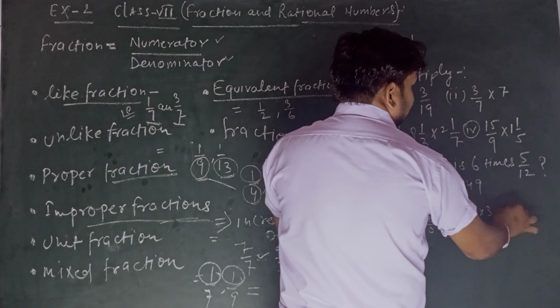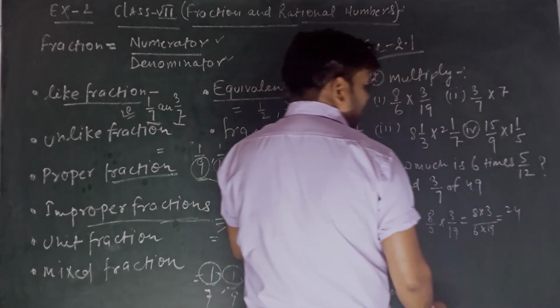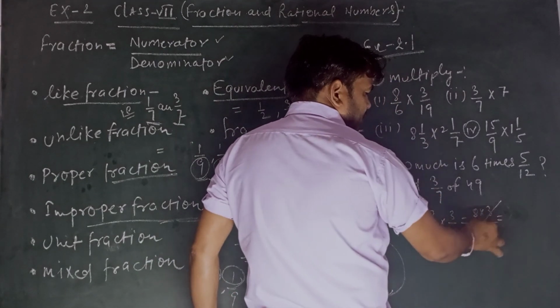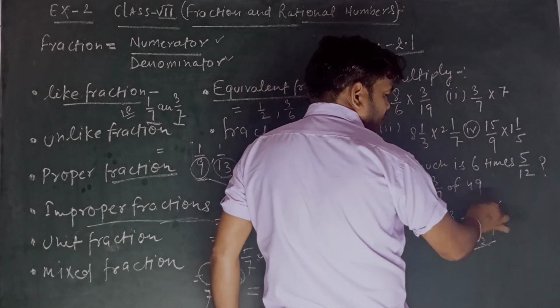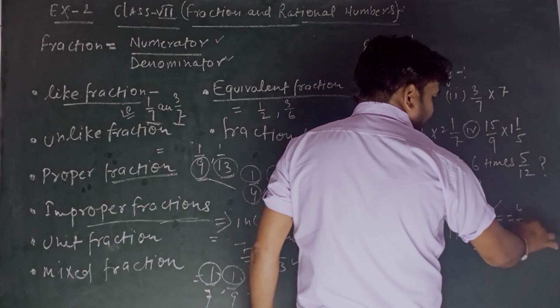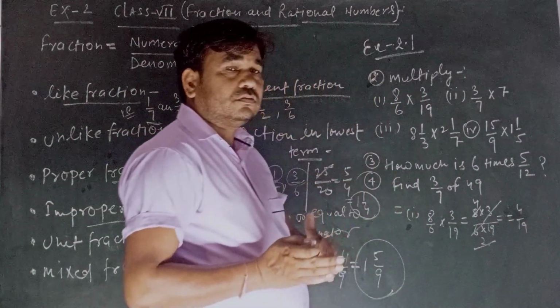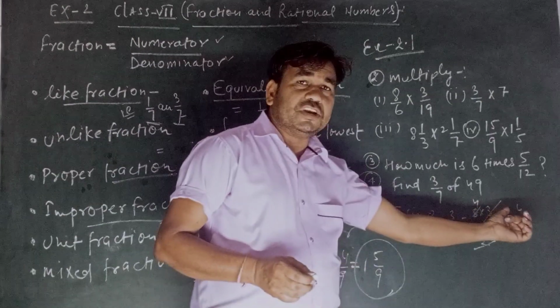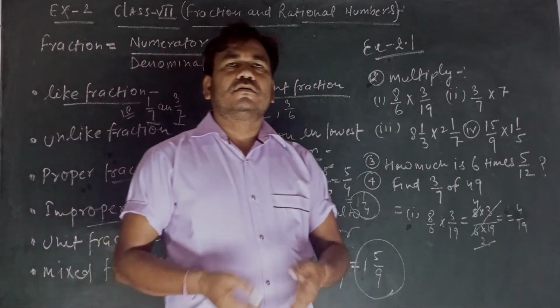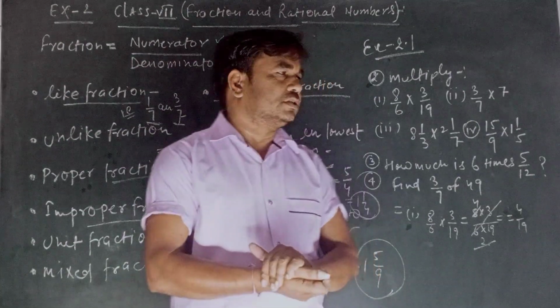That means 8 threes are 24, and you can also cut: 3 twos are 6 and 2 fours are 8, so it becomes 4/19.